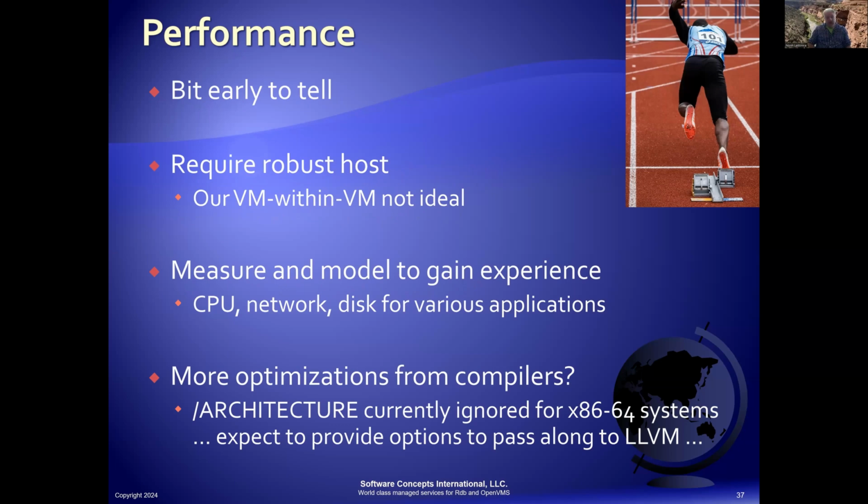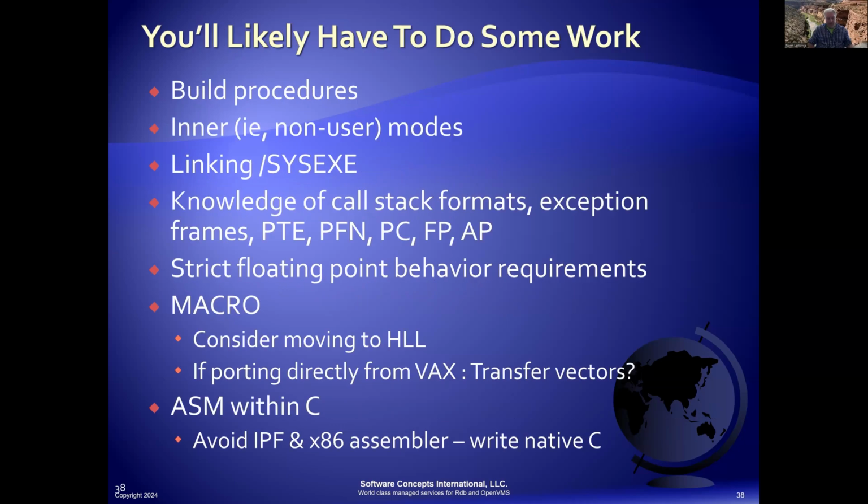So to reiterate, where you'll do some work, build procedures are where most of the time is going to be spent. If you're running in inner modes, if you're linking against SYS$BASE_IMAGE (sysexe), if you know about the format of exceptions and frames and things like that, you'll need to do a little bit of work. If you require strict floating point behavior, this is going to be a little bit of a concern.